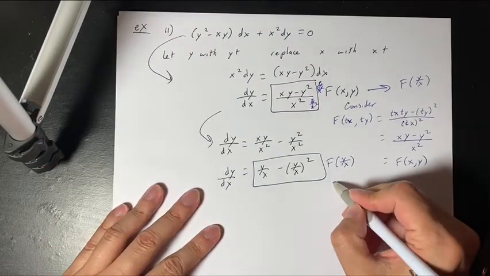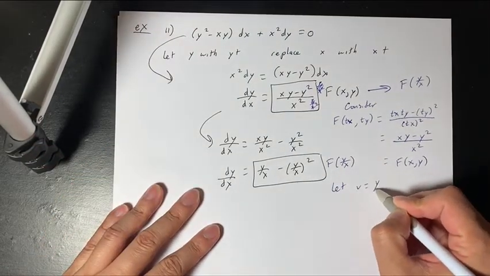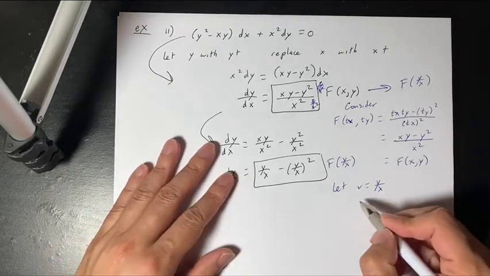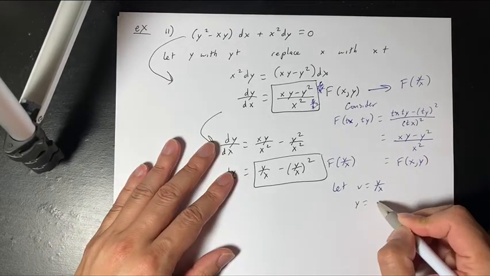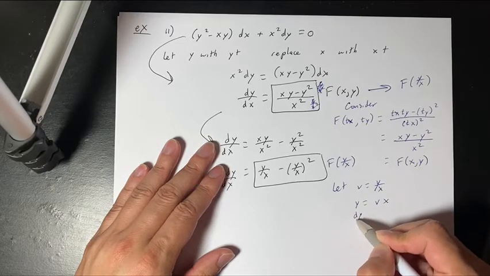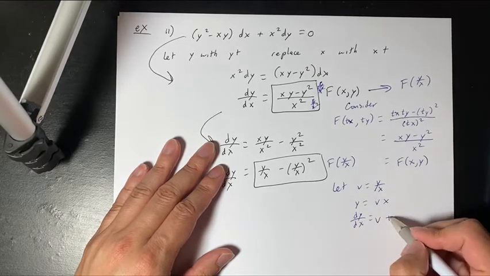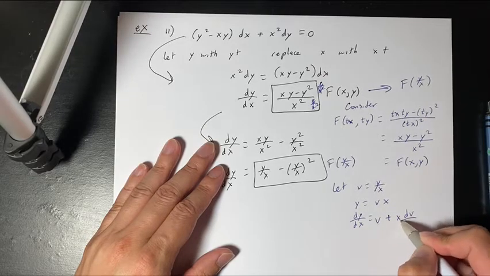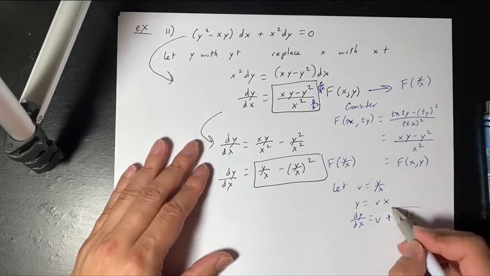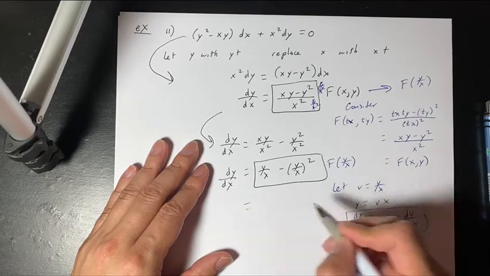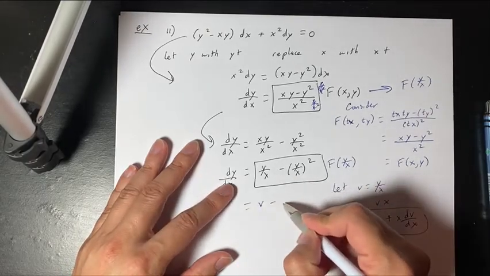So I'm going to let v be y over x, which means that y is v of x, which means dy dx is v plus x dv dx. So now the right side is just v minus v squared.